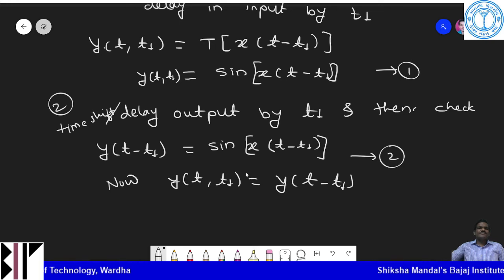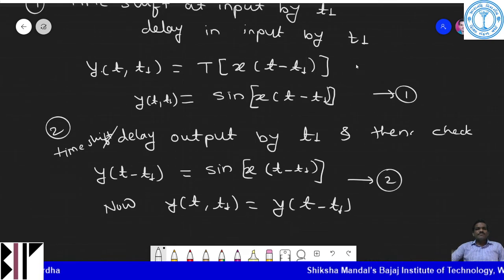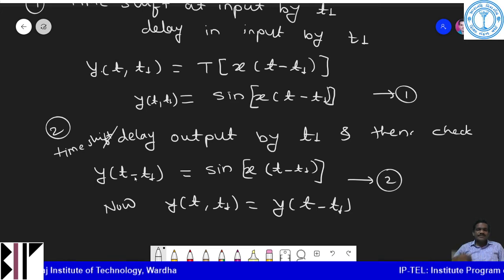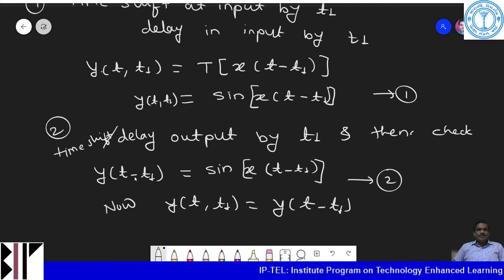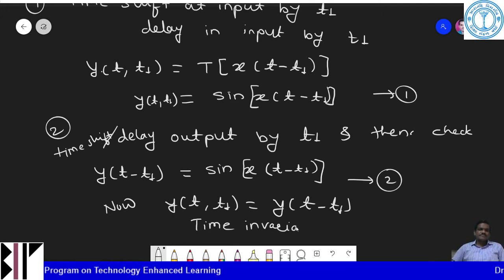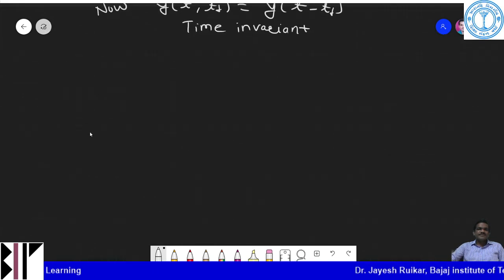That is, when we shift the input by t1 and if we shift the output by t1, then we get the same response. That is, time shift in the input results in the time shift in the output. This we have proved. So the system is called time invariant.